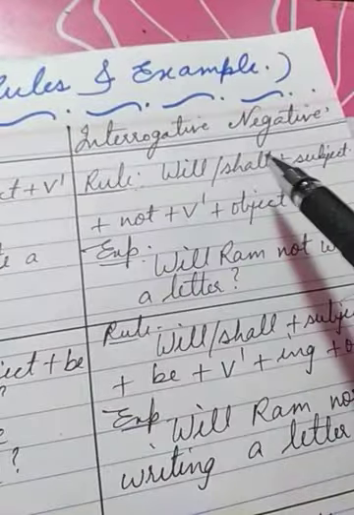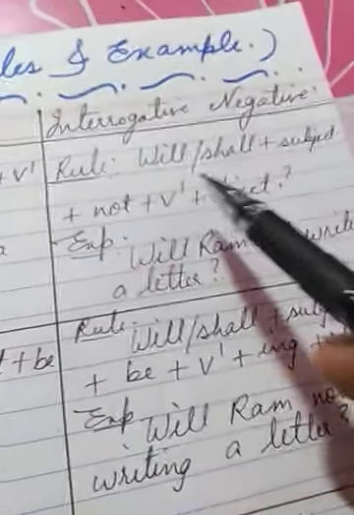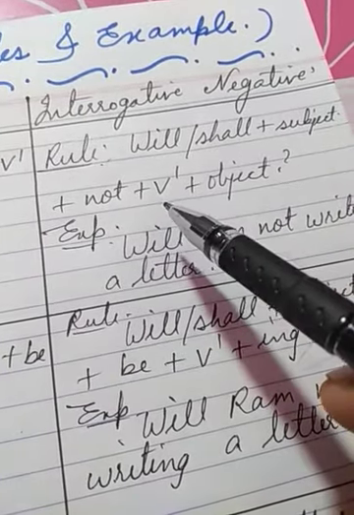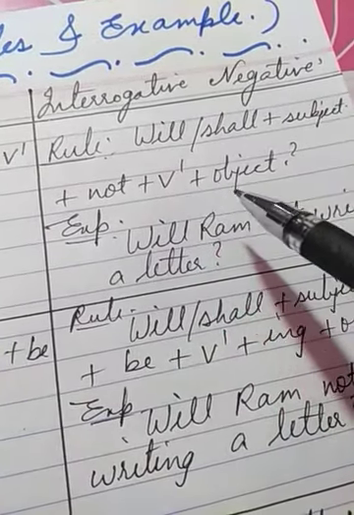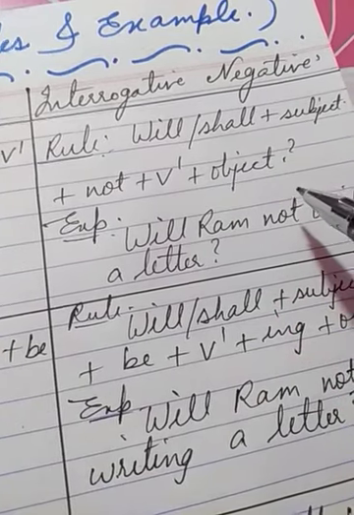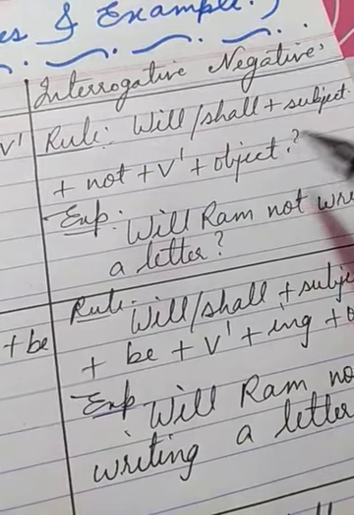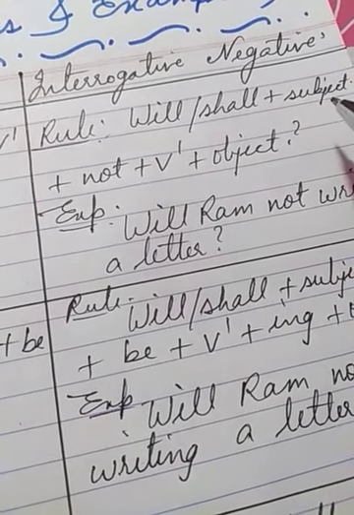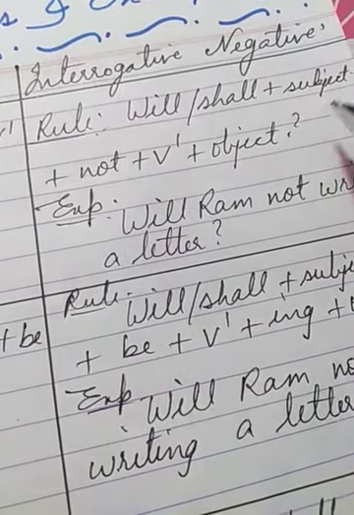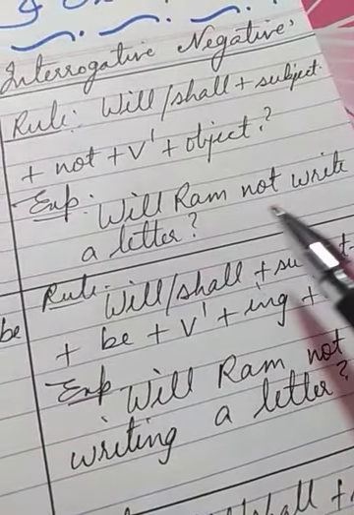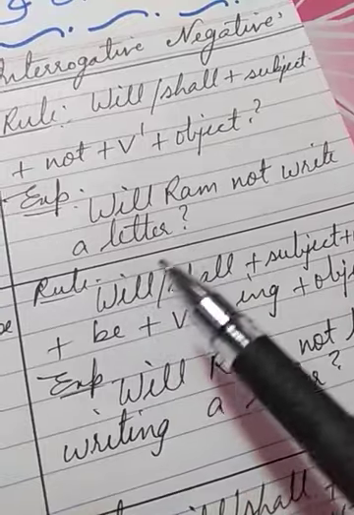Now in interrogative negative, rule: will or shall plus subject plus not plus verb first form plus object plus question mark. So in this interrogative negative sentence we will write will or shall before the subject and not after the subject. Example: will Ram not write a letter?